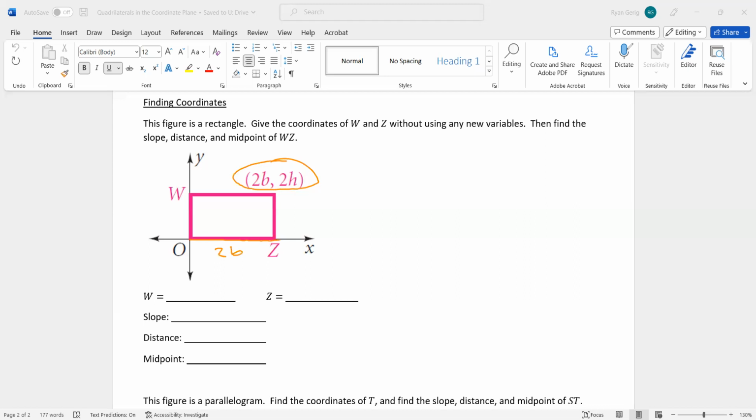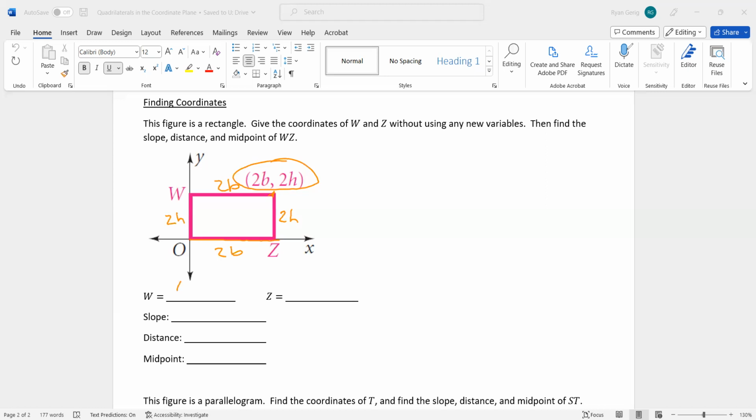So this is 2B. Technically, that top one is 2B, but that matches the bottom one because I know it's a rectangle. The Y coordinate is the vertical distance, is 2H. So from the x-axis to that point is 2H, which means from 0 to W is also 2H.